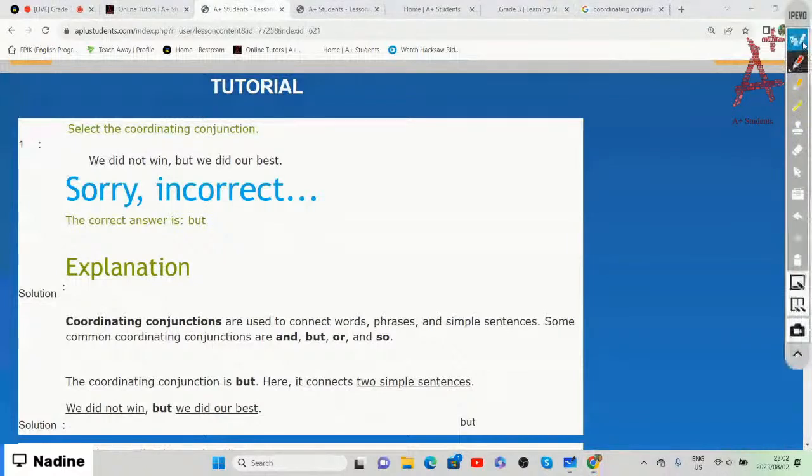Okay, so coordinating conjunctions are used to connect words, phrases, and simple sentences, right? And some of the most common coordinating conjunctions are and, but, or, and so, right? So that is the most common coordinating conjunctions.